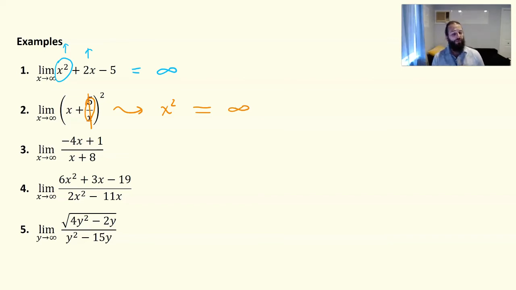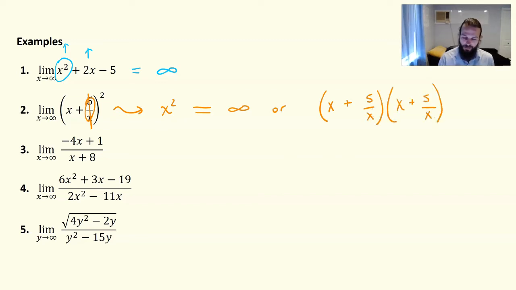Now, if we want to take it from the rational function perspective, we can do that as well. We've got x plus 5 over x, squared, meaning times itself. Let's FOIL that out. And we're going to get x squared plus 5, that's 5 over x times x, plus 25 over x squared.